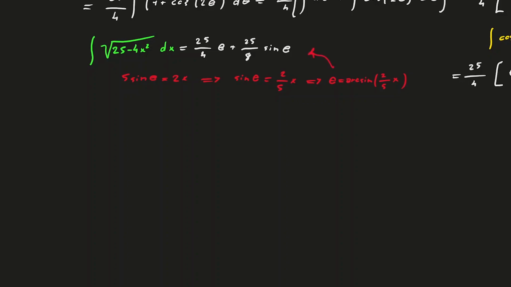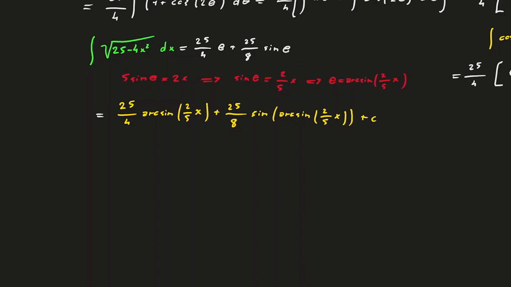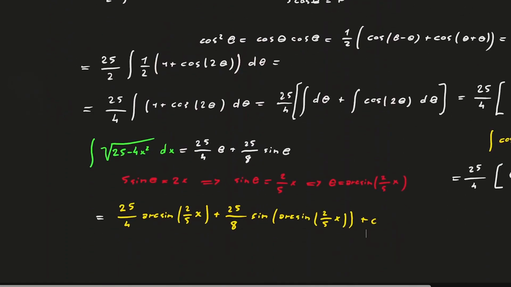Now we can substitute this here and we get that this equals 25 over 4 times theta, that is the arc sine of 2 over 5 times x, plus 25 over 8 times the sine of the arc sine of 2 over 5 times x, and plus c, but we don't need the plus c because we are trying to find those two definite integrals.